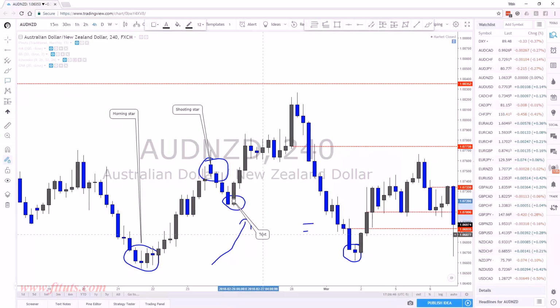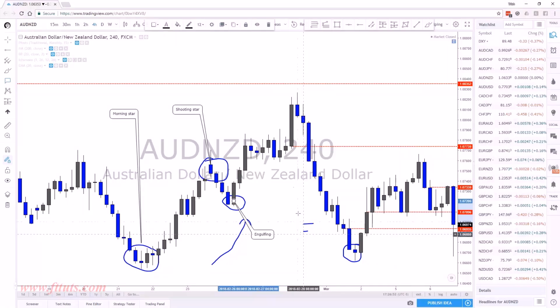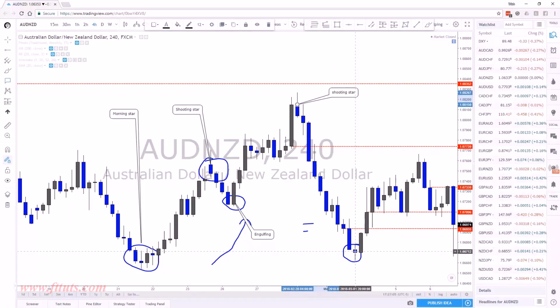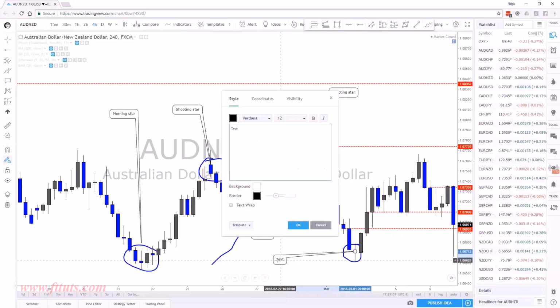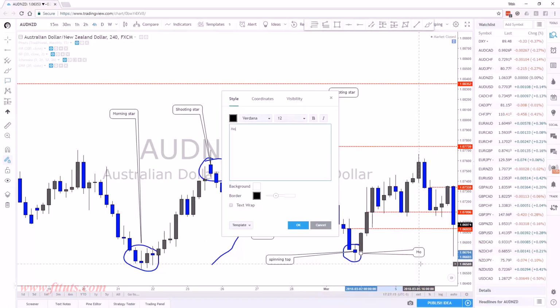Okay, this one engulfing or bullish engulfing, right? And then just depending on where it is at support or resistance. Again, here's another shooting star. This one here could be spinning top, or the entire formation could be Morningstar.